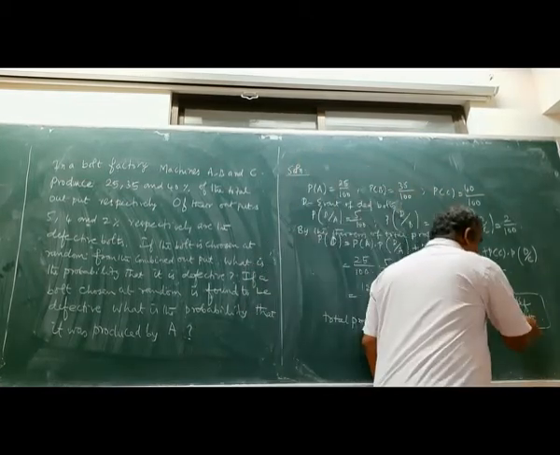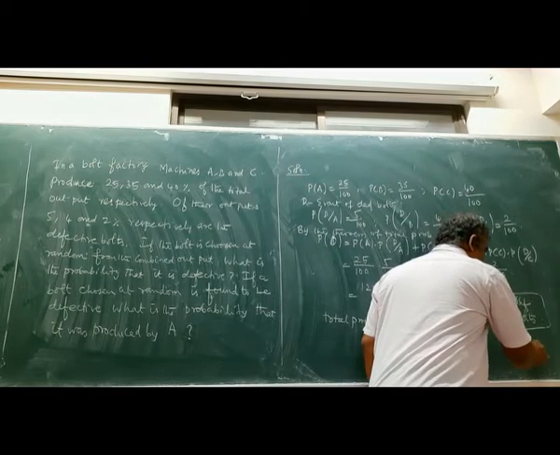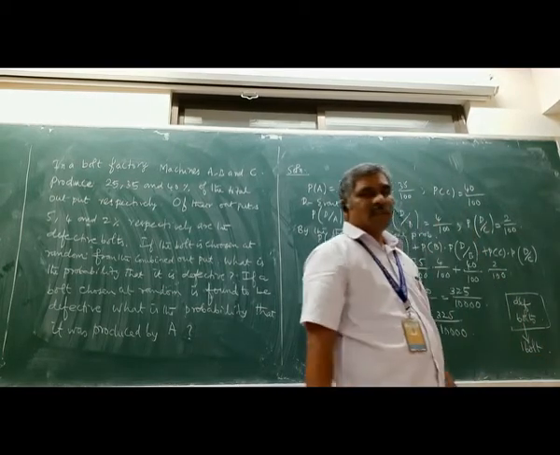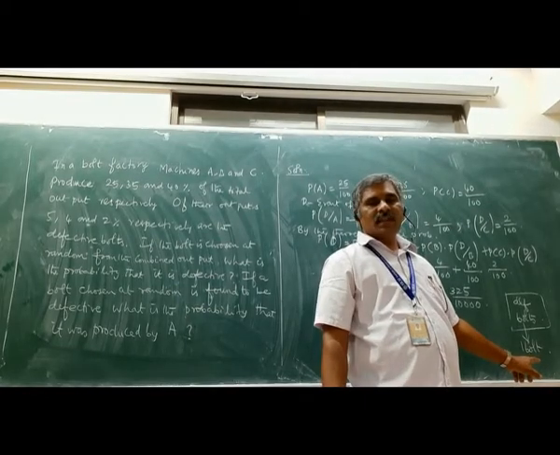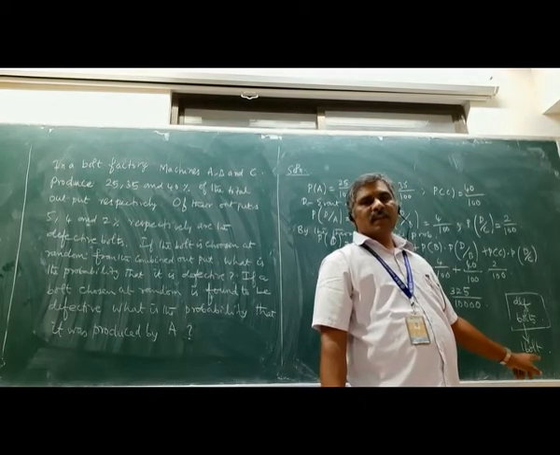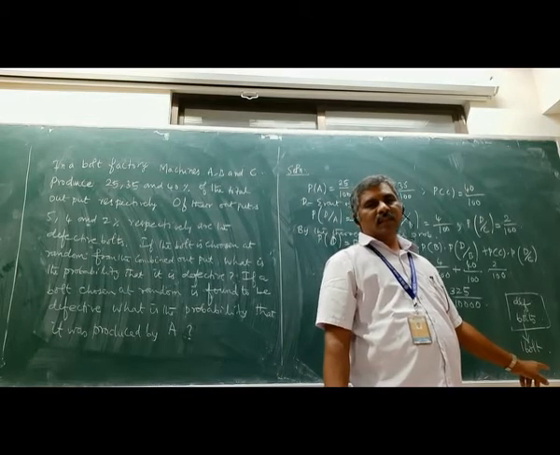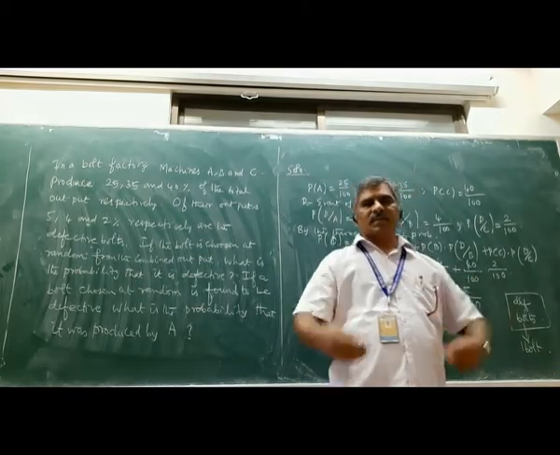Now I choose one bolt from the box. I know it is a defective bolt. How can you say which machine it came from? Okay, that is, we are doing the reverse process.